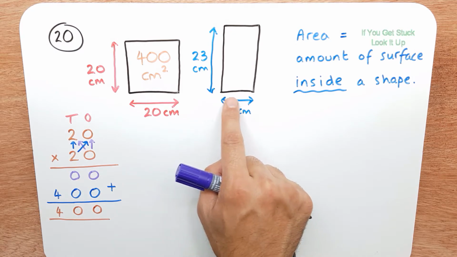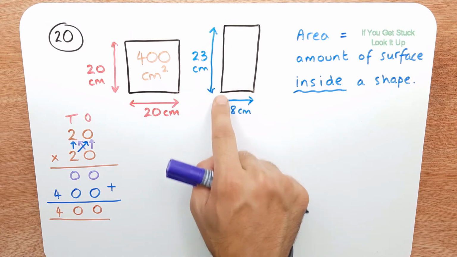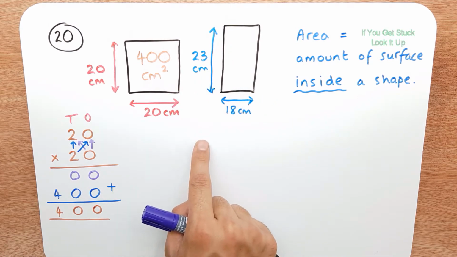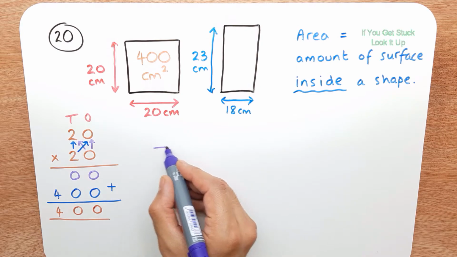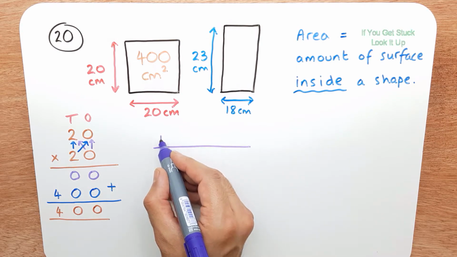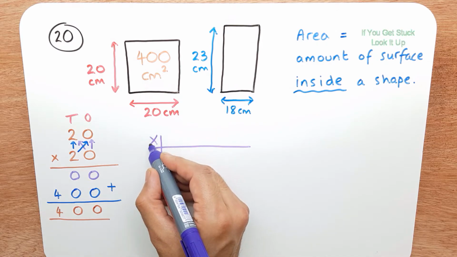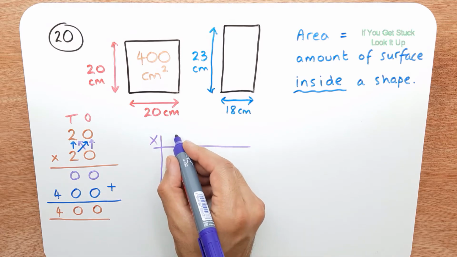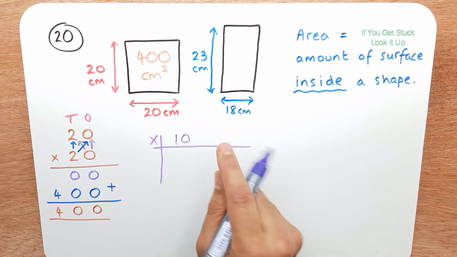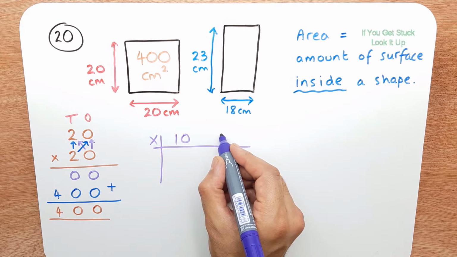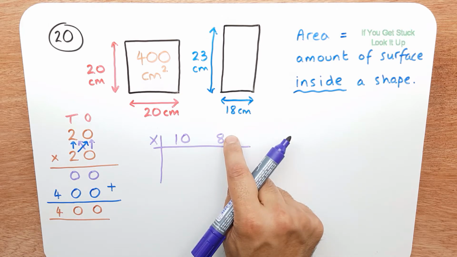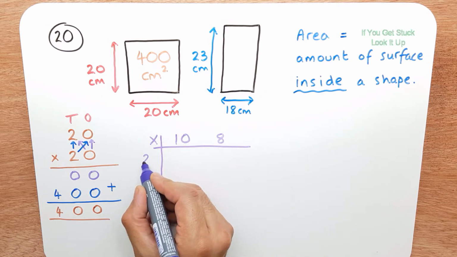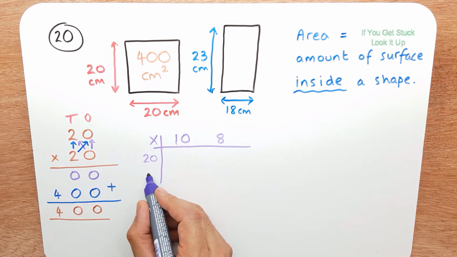Now moving on to this, we need to work out the area. So we need to multiply the width and the length. So we need to do 18 times 23. And I'm going to use the grid method. So let me draw the grid. I'm going to split this 18 up into one lot of 10 and 8 ones. I'm going to split 23 up into 20 and 3.